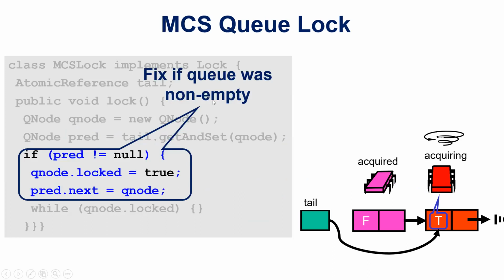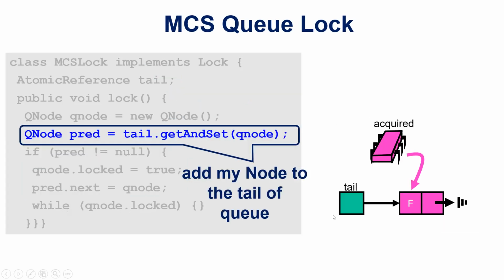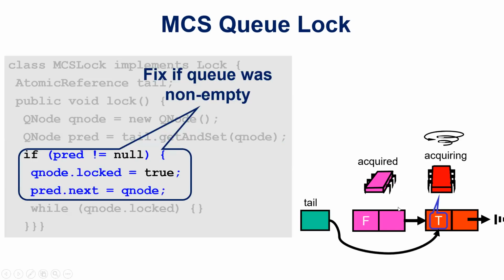Now, what if the queue is not empty? That means some thread is already there. If you look at this diagram, tail is pointing to some Q node, so one thread is already in the critical section. At that time, we perform the same operation for every thread: Q node predecessor equals tail dot get and set.